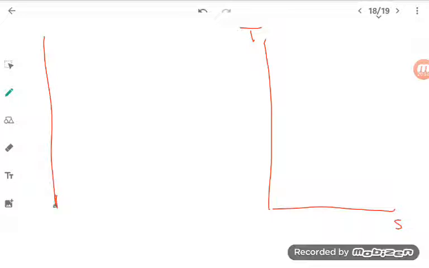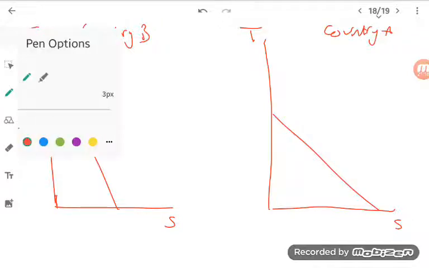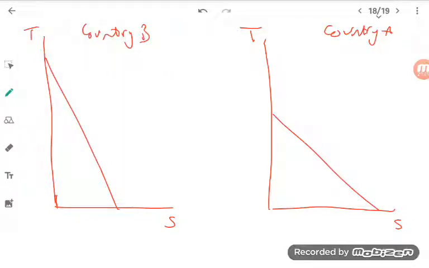For a graphical illustration, from the figure, country A has an advantage in the production of soybeans and country B has an advantage in the production of textile. So country A will specialize in the production of soybeans and country B will specialize in the production of textile.